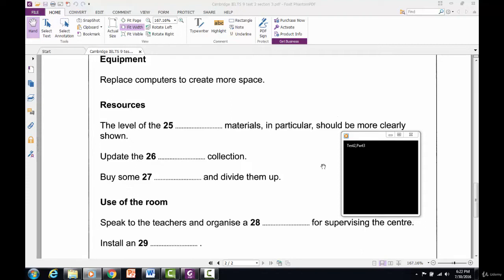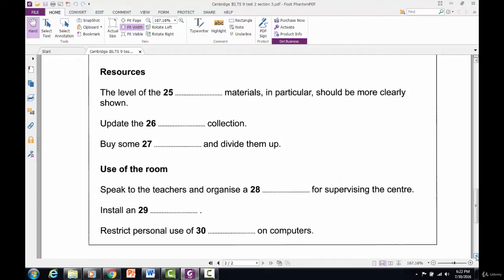The students could study the main course book in class and then do follow-up practice in the Self-Access Centre. That sounds good. OK, now finally we need to think about how the room is used. I'll have to talk to the teachers and make sure we can all reach some agreement on a timetable to supervise the centre after class. But we also need to think about security too, especially if we're going to invest in some new equipment.